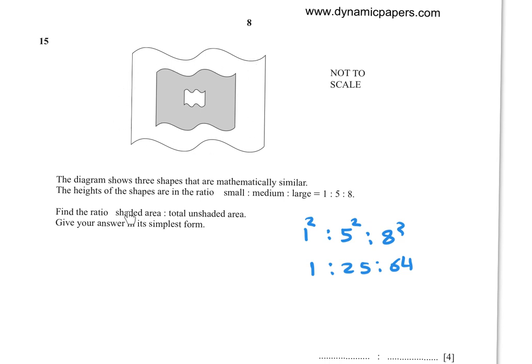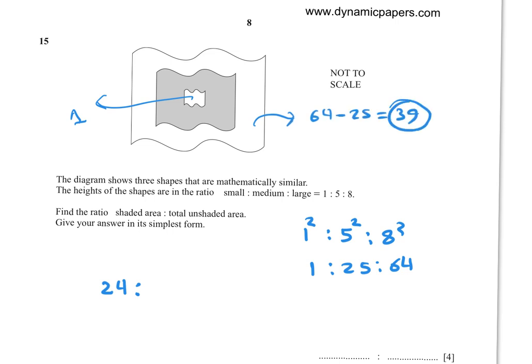To find the shaded area, area of the middle minus area of the small, so 25 minus 1, so 24. Now the total unshaded area: for the small one, this part represents one part, and for the large we have 64 minus 25, so 39 parts.